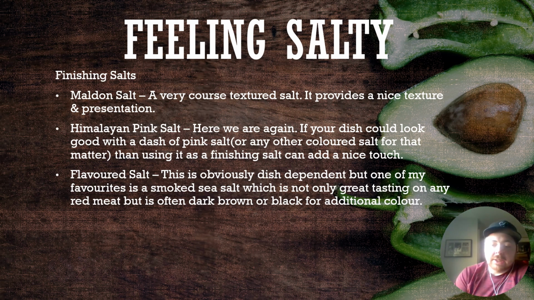Maldon salt is a very coarse textured salt, and it does provide a nice crunch and presentation. I have some at home. I do use this, but I would use it sparingly. This isn't a salt you're going to want to season with because it is expensive.